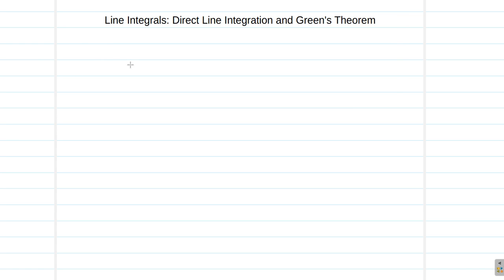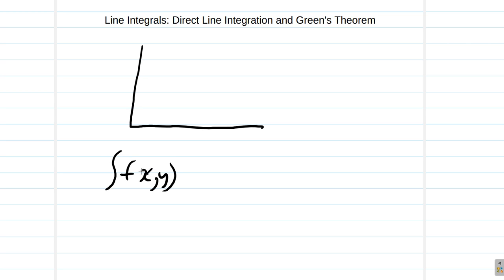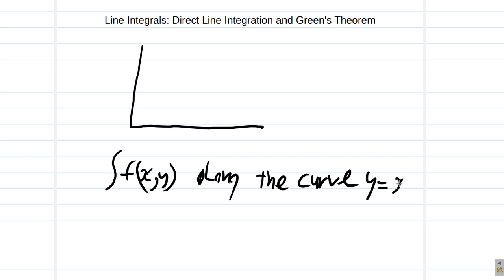For example, if you have your x and y axis and you say you're integrating a function of x and y along, say, the curve y equals x squared, right?